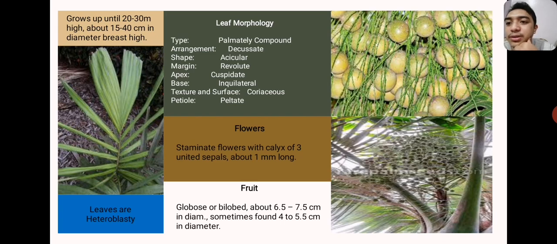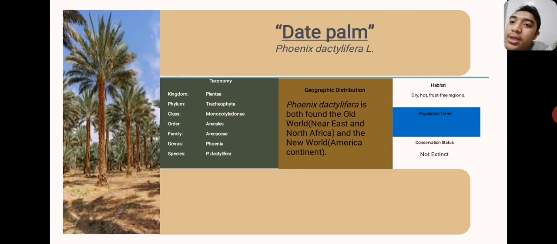Flowers: staminate flowers with calyx of 3 united sepals about 1 mm long. Fruits: globose or bilobed, about 5 to 7.5 centimeters in diameter, sometimes 5.5 centimeters in diameter. The leaves are heteroblast.